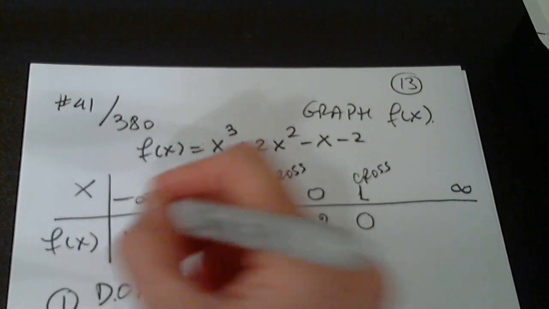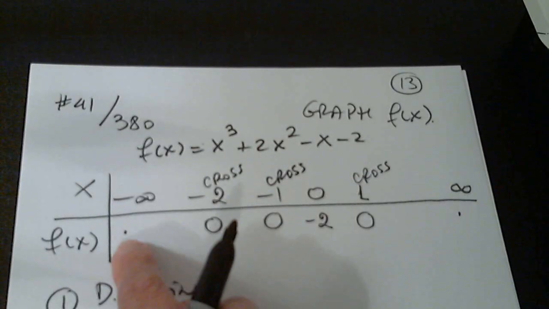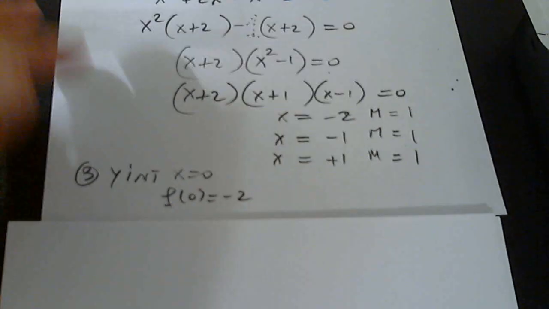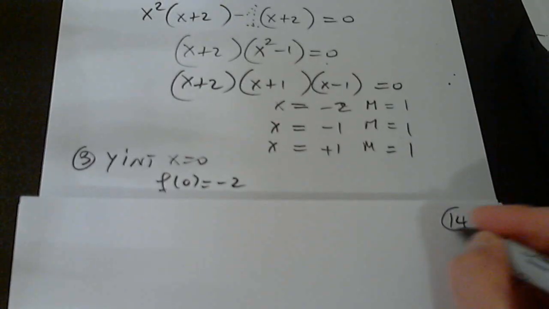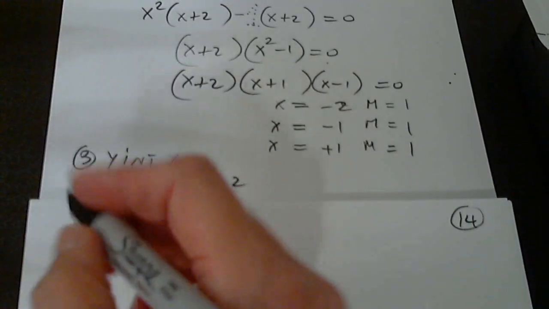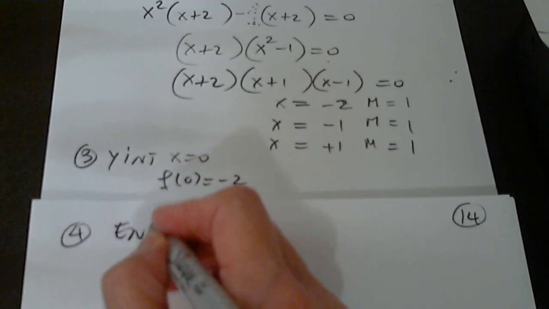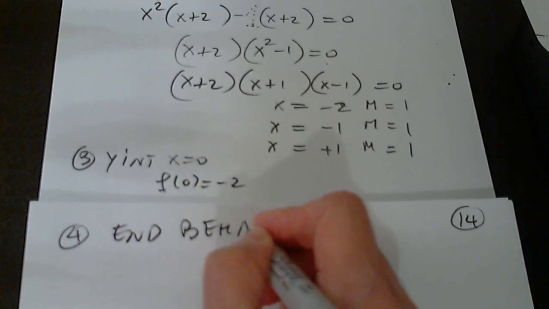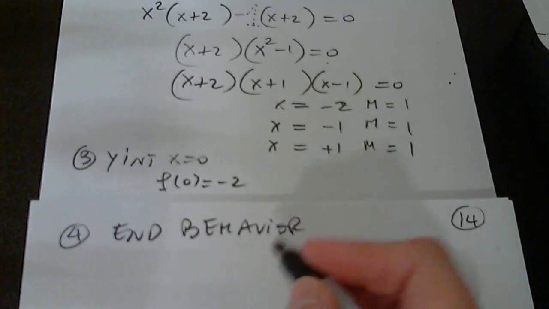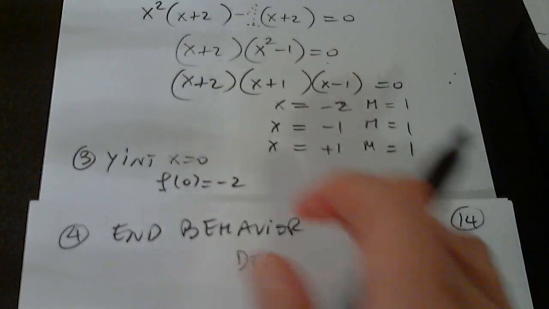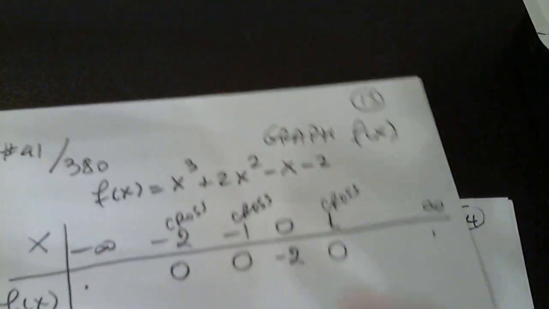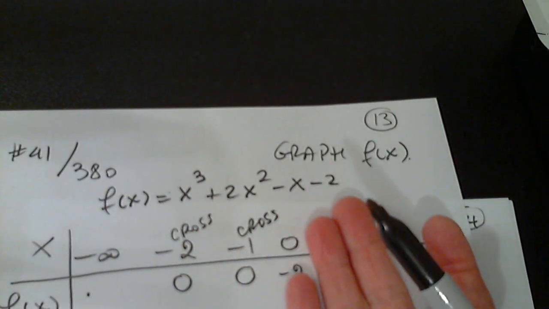Now I need to determine the end behavior. So that's number 4, end behavior. I know the degree is, again, can anyone tell us the degree of this polynomial? 3. Perfect.